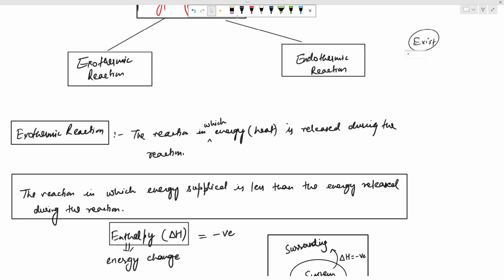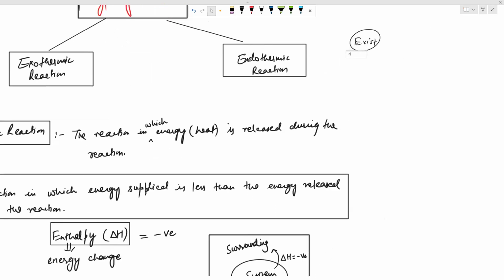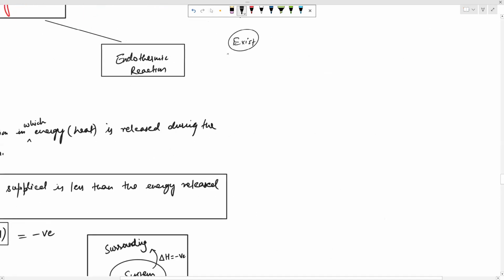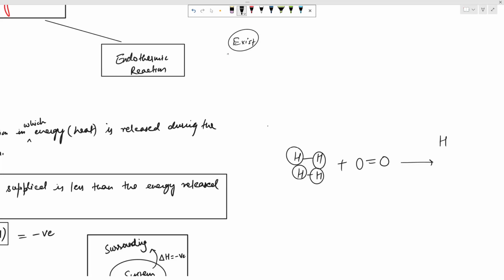Now, let me explain how a chemical reaction takes place. For example, this is hydrogen, two hydrogen atoms, and this is the oxygen atom. They are combining and making bonds.